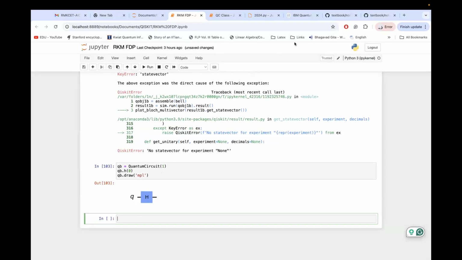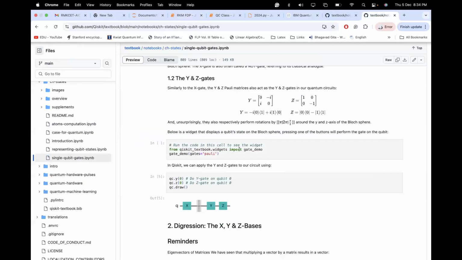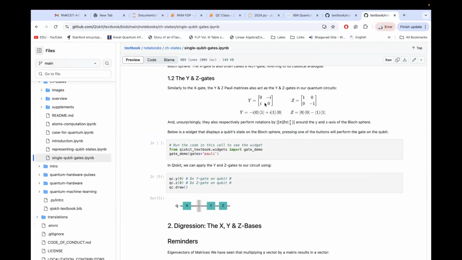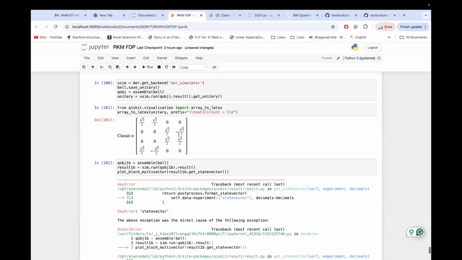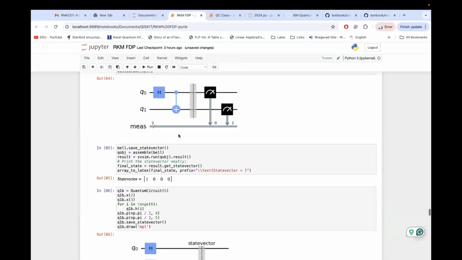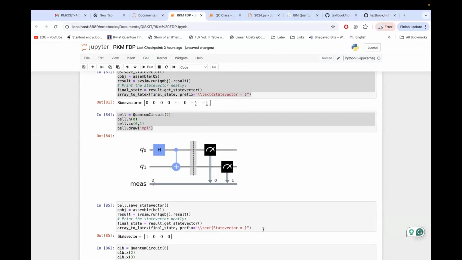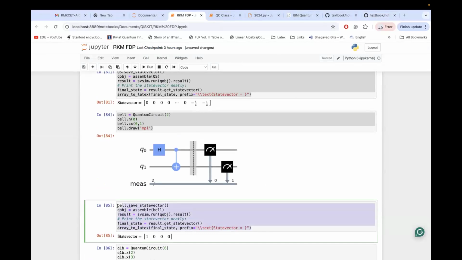Now I want to visualize what happens when I'm applying a Pauli Z operator or Y operator to the circuit. So we'll go step by step. First, we will use this array to LaTeX command and visualize what is going to happen to the state.